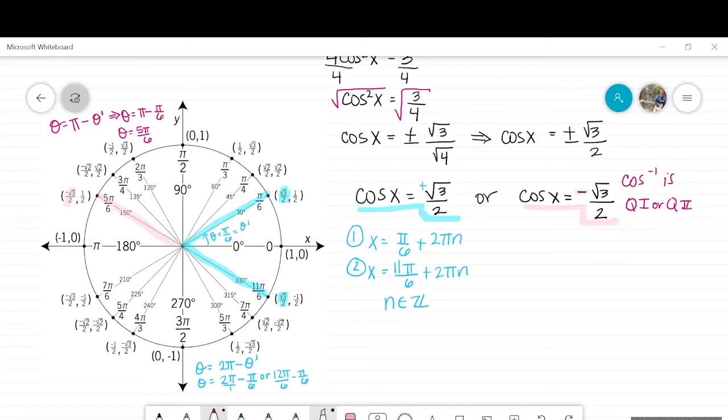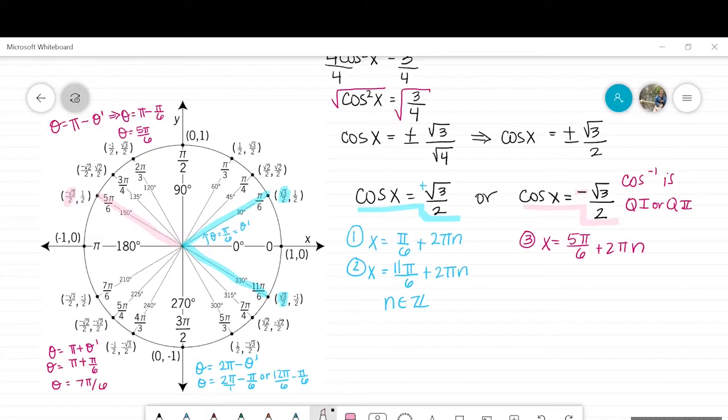We do something really similar because there is another place that cosine is negative. Let me write my answer down before I forget: 5 pi over 6 plus 2 pi n. The other place cosine is negative, overall, not inverse, is in quadrant 3. So to get to our angle from the reference angle in quadrant 3, we're looking at pi plus the reference angle, so theta is pi plus pi over 6, which when you add those together, you get 7 pi over 6.